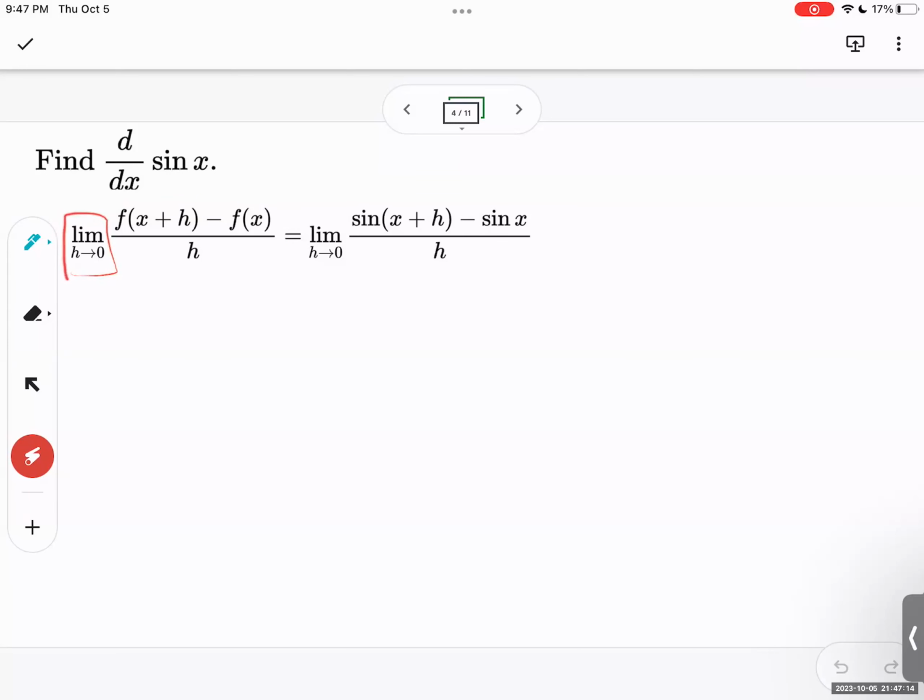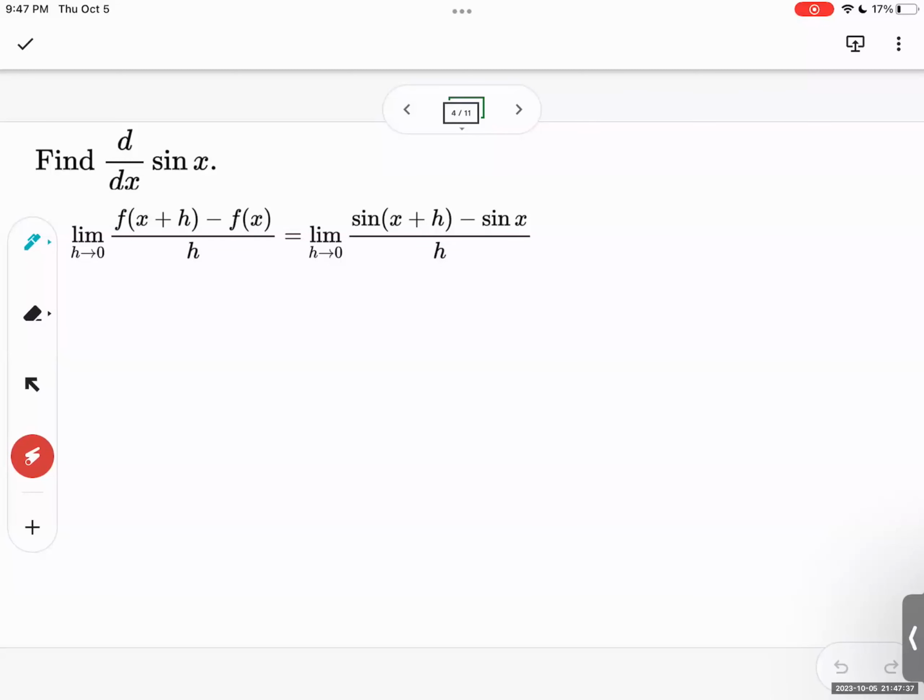The derivative is the limit as h approaches 0 of this quotient, f of x plus h minus f of x over h.